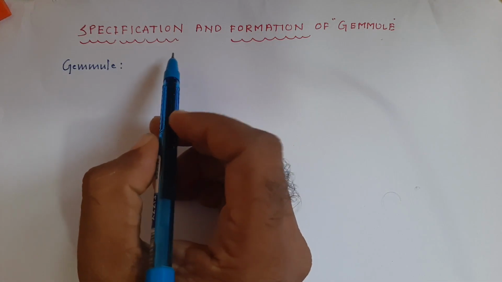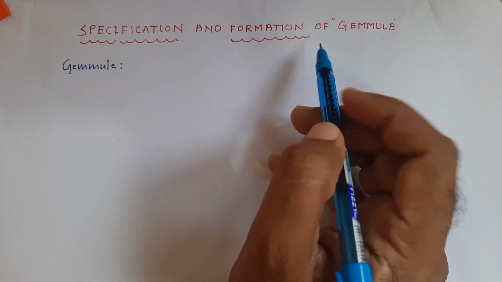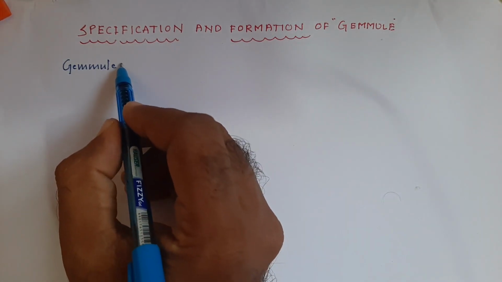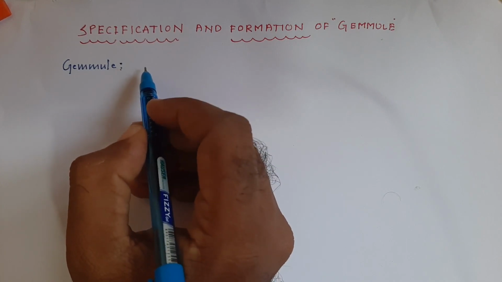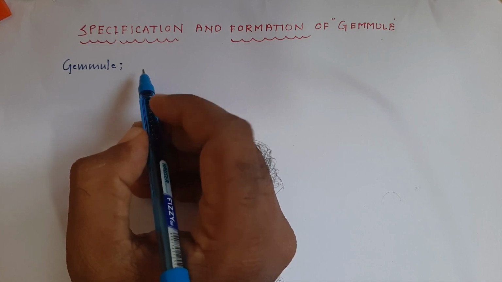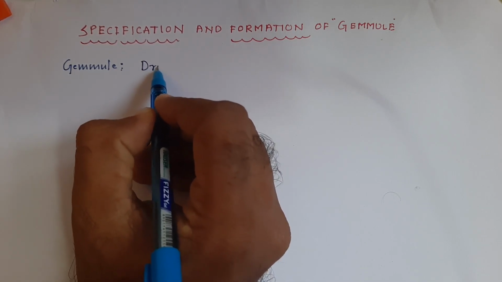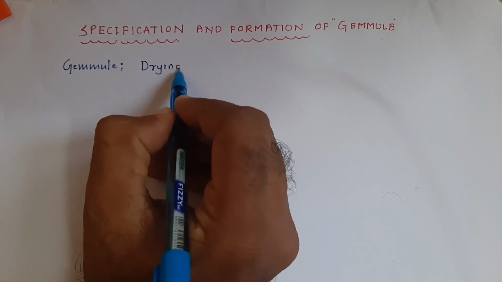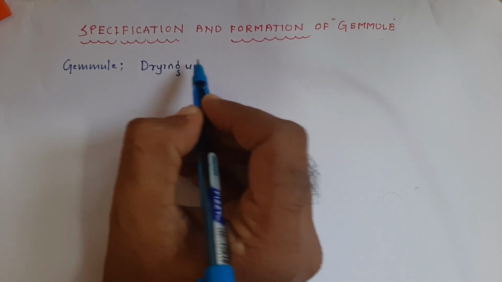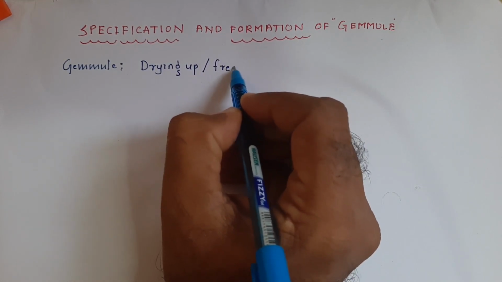Let us have a glance at the specification and formation of gemmules. Gemmules are specific in resisting drastic environmental conditions. For example, drying up of water, as well as freezing of water.